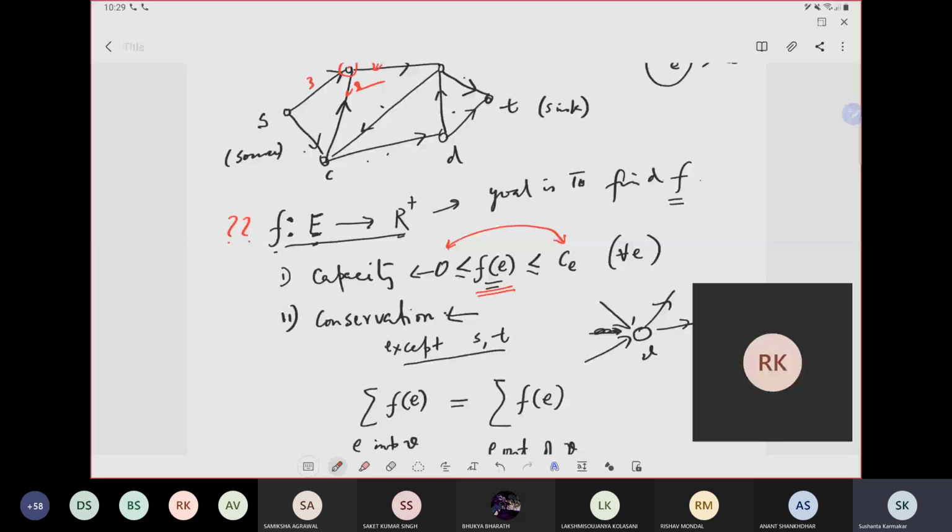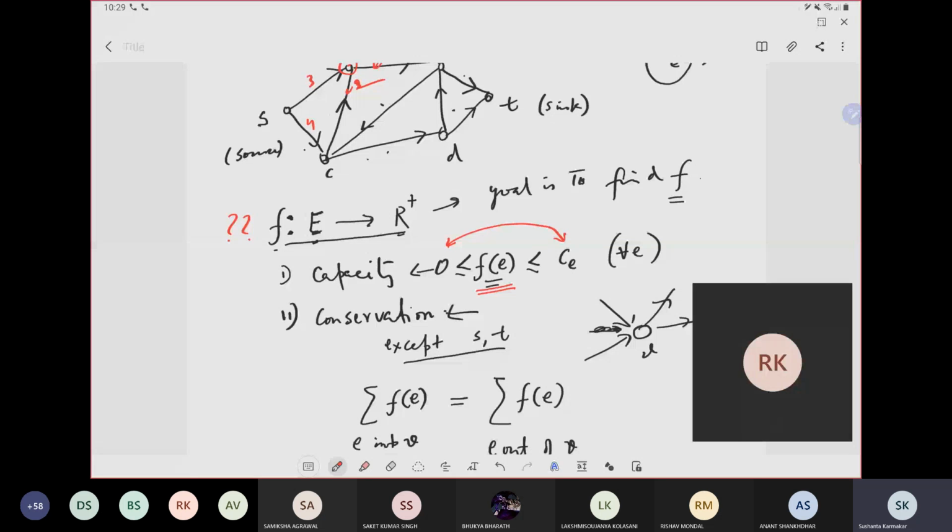Then the value of the function is 7. Remember, the function value depends on the flow values that are coming out of S. But to become a valid function, you should satisfy both conditions, conservation and capacity.